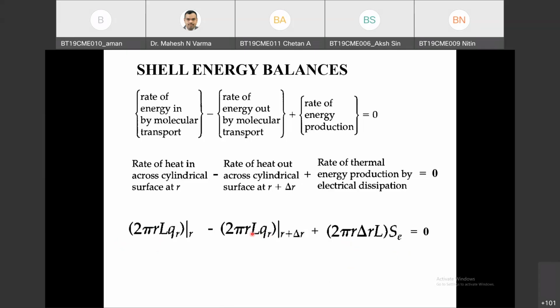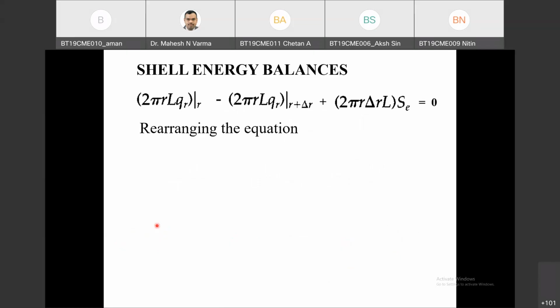This will be this minus this. So we divided this equation by twice pi delta r into L, multiplied by -1 and rearranged the equation.